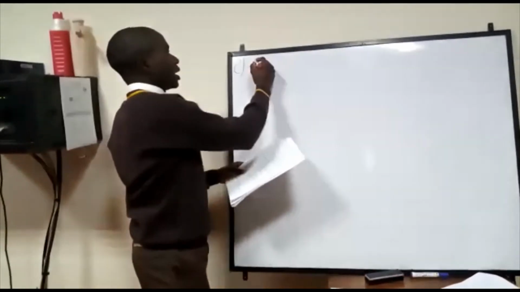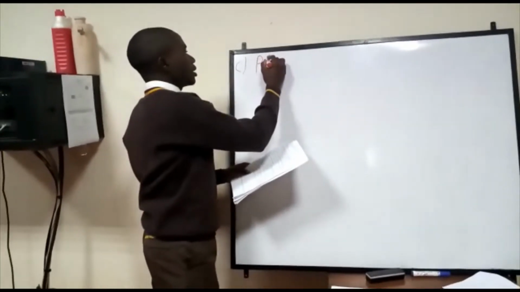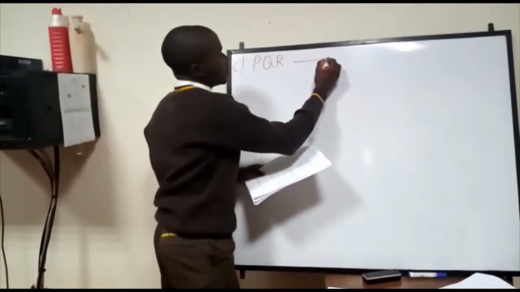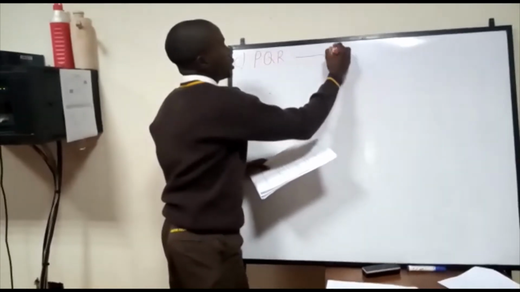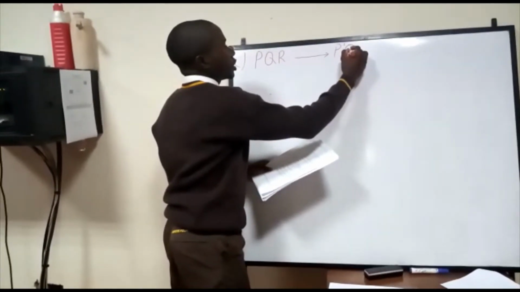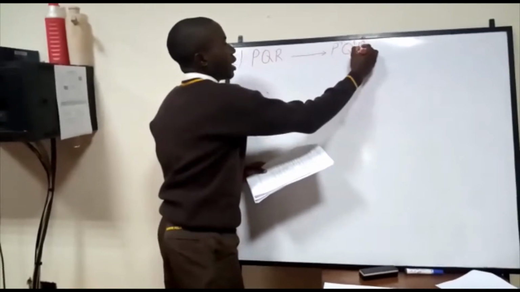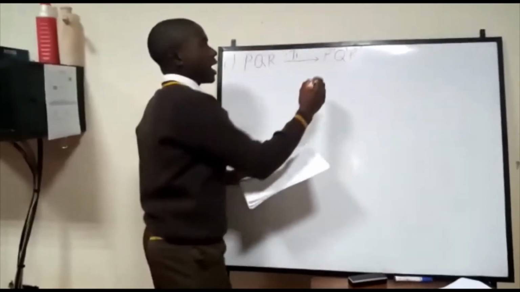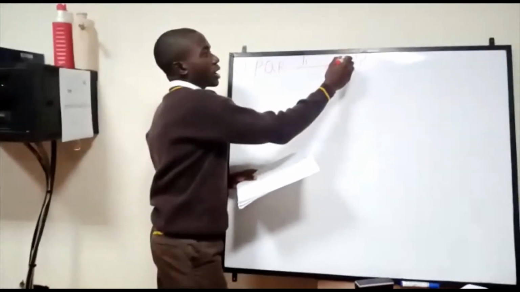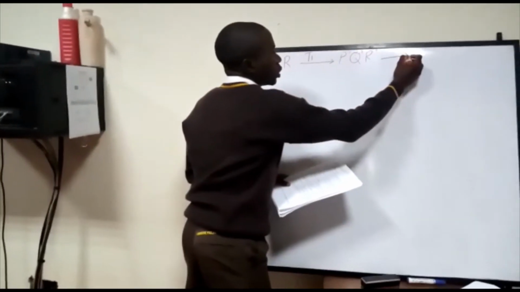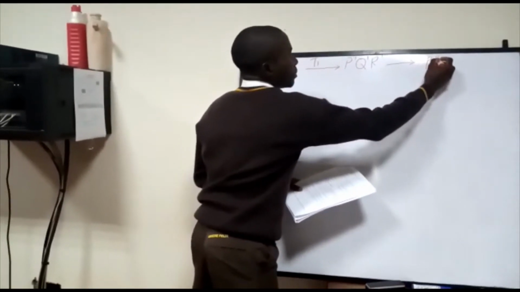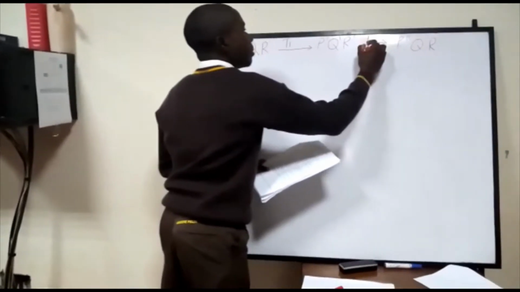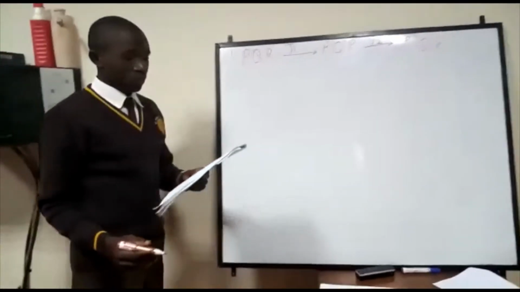This is what we had: PQR, the initial triangle, which was mapped onto P prime, Q prime, R prime by matrix T1, and P prime, Q prime, R prime was mapped onto P double prime, Q double prime, R double prime by matrix T2.